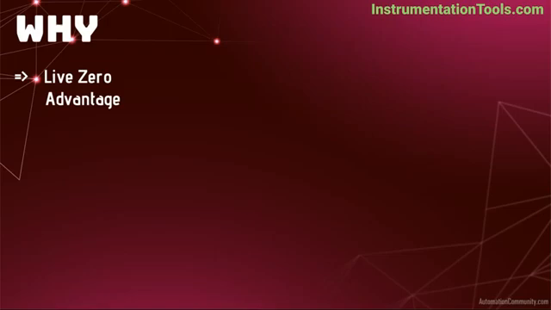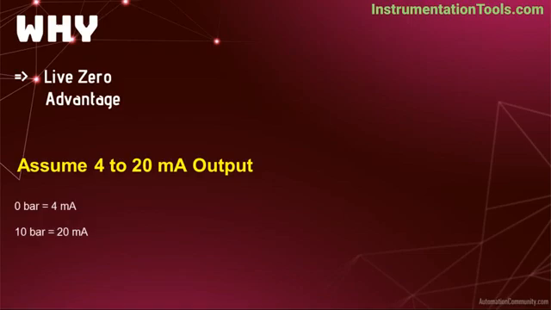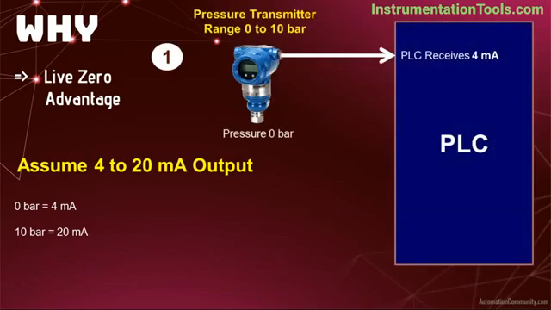Now let's discuss it with a simple example. Consider the same pressure transmitter example with 4 to 20 mA output current. Case 1. Assume the process pressure is 0 bar, so the pressure transmitter sends a 4 mA signal to the PLC. The PLC displays 0 bar pressure to the operator.